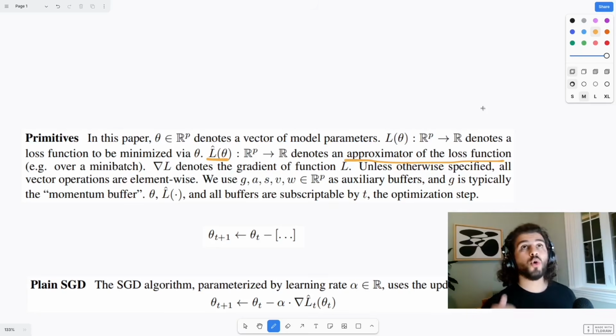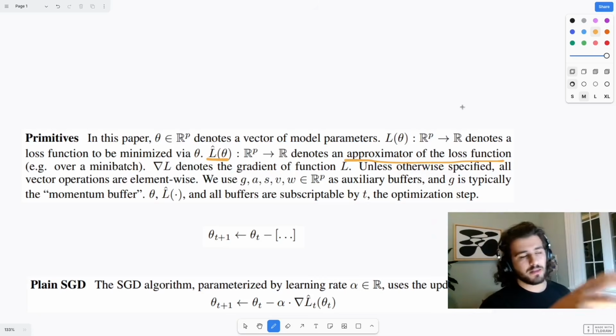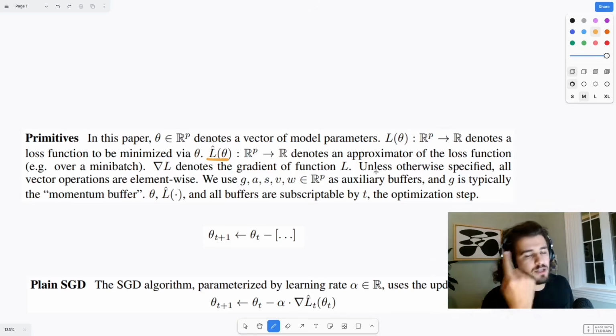You don't take the whole of the data set every time. So this is why it's an approximation of the loss function. You're kind of approximating that this is the number for the loss. In some cases, if you're doing literally stochastic gradient descent, you're going to take one of the data points.